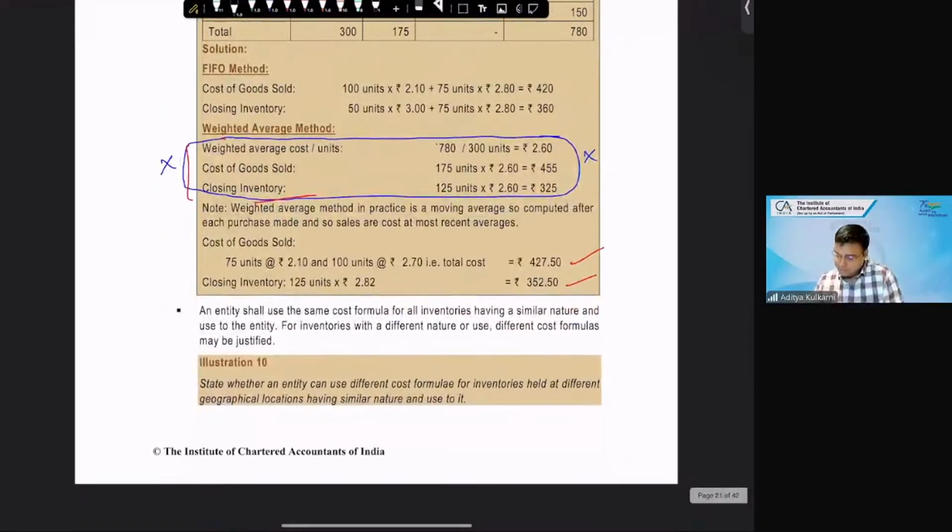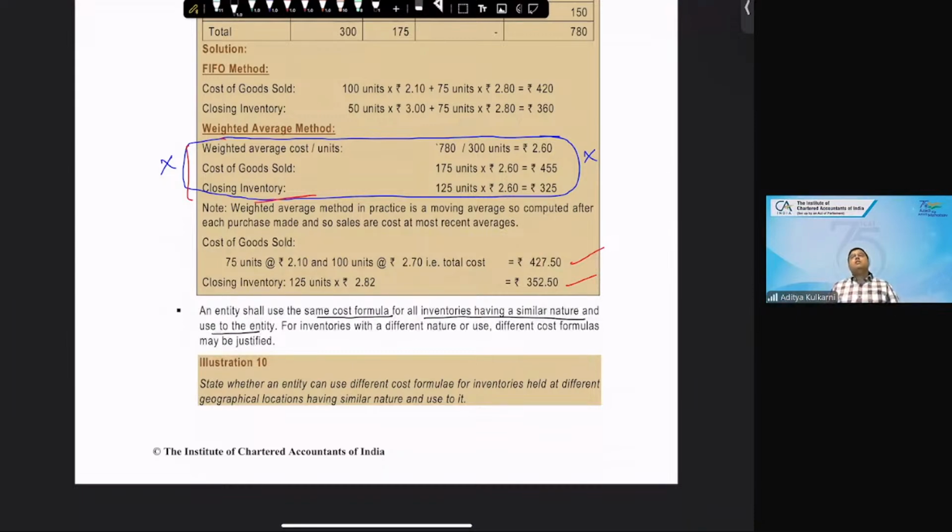Now the question is, the standard tells an entity shall use the same cost formula for all inventories having a similar nature and use to the entity. For inventories with a different nature or use, different cost formulae may be justified.